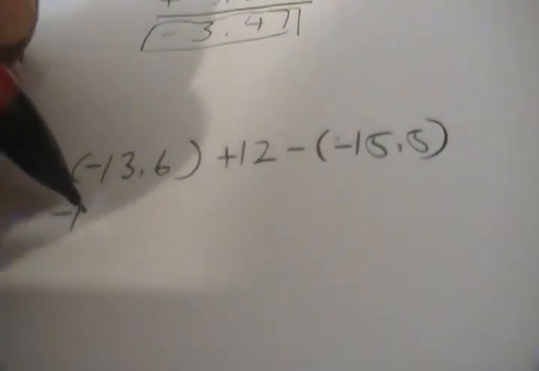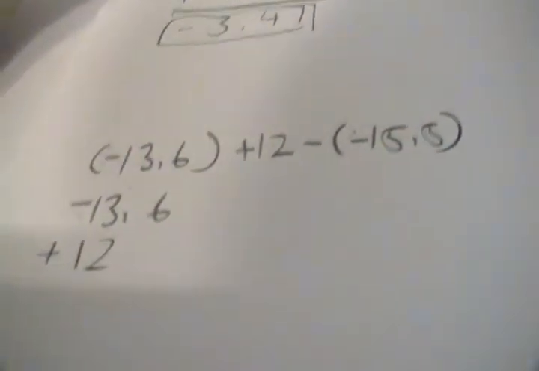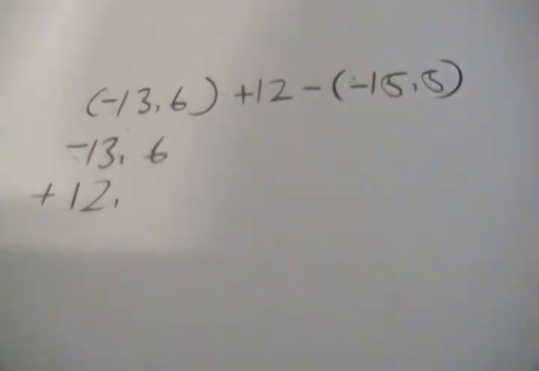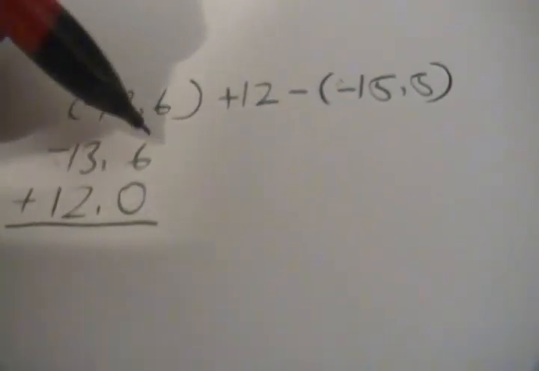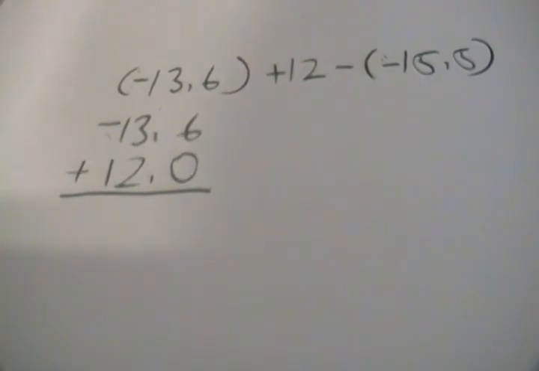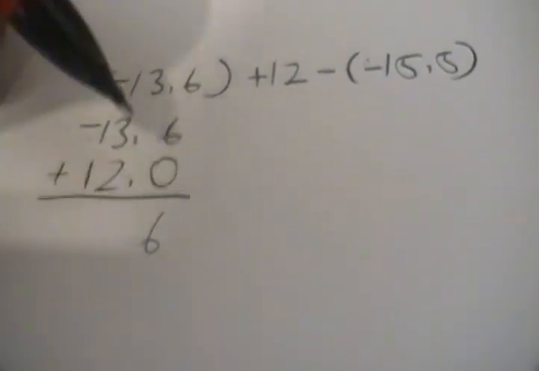Okay, so negative 13.6 plus 12. Now, obviously, 12 is a whole number, but you can add a 0.0 just so that everything lines up, because 12 and 12.0 are the exact same number. Alright, let's subtract. So 6 minus 0 is 6.